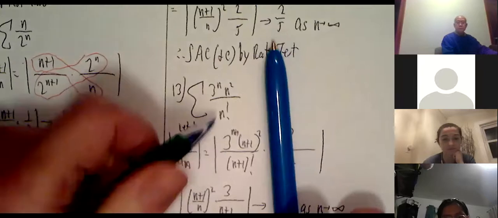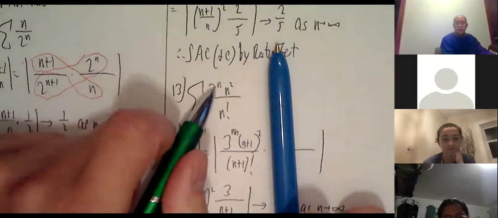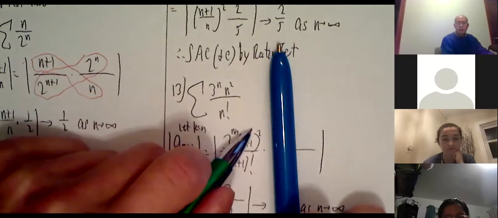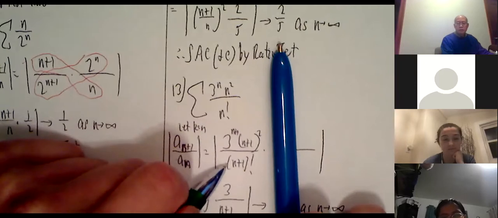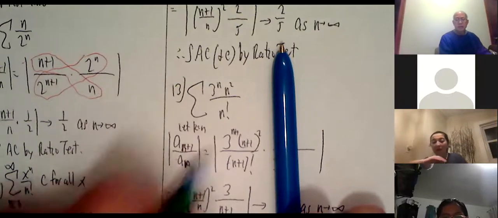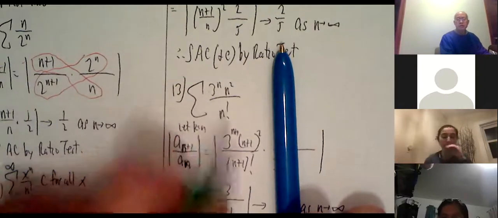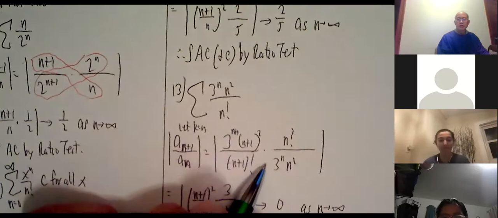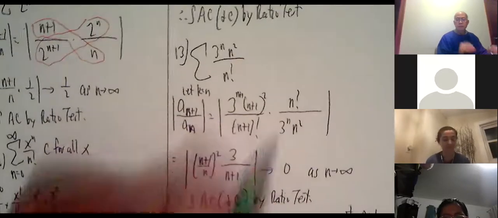Okay, so this one, 3 to the n plus 1, n plus 1 squared, n plus 1 factorial. Divide by a sub n means multiply by the flip. So just flip it. N factorial on top, 3 to the n squared on the bottom.